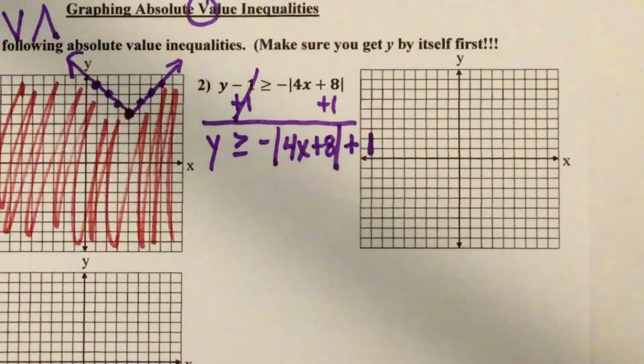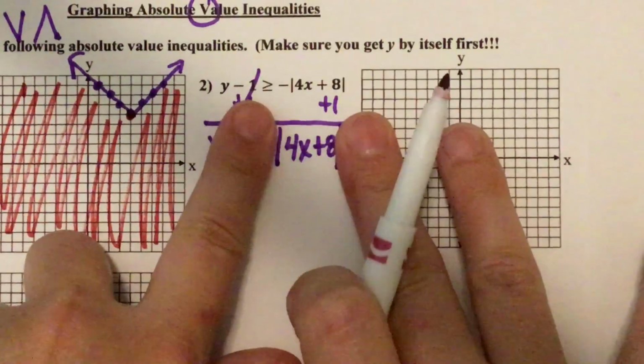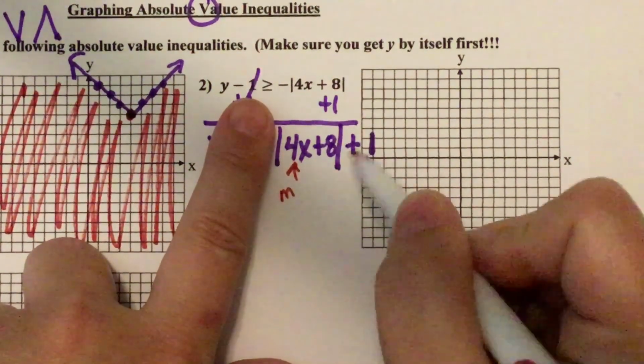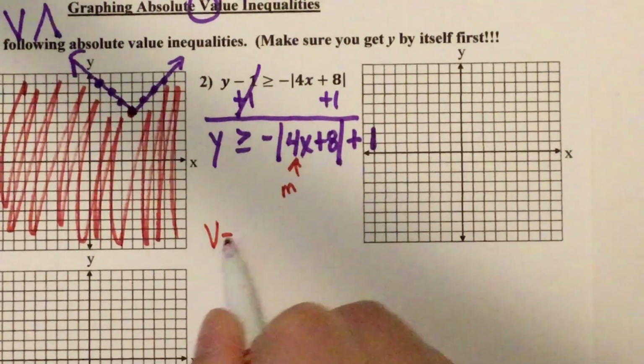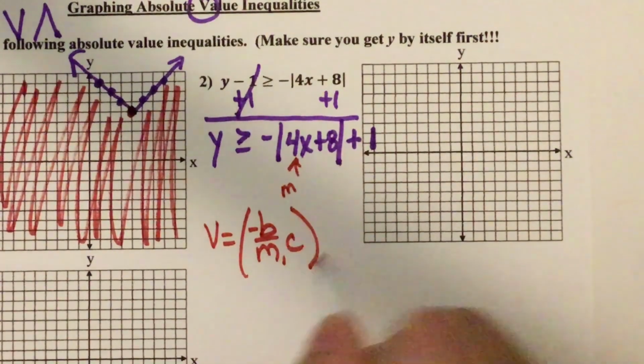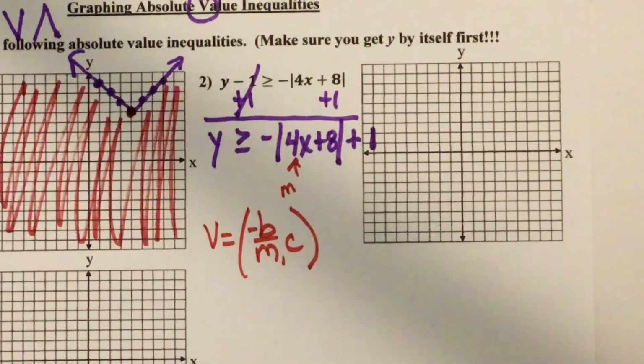All right, this time, is our M a 1? Nope. M is that 4 right there. So that means we have to use this formula. Opposite of B over M, comma C. Remember that? So you get to do the whole left, right, up, down translation rules if your m's a 1.